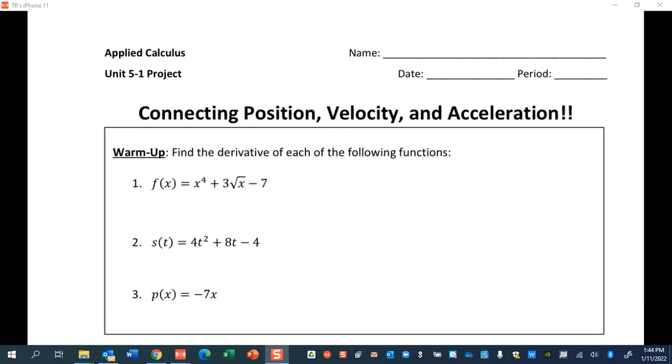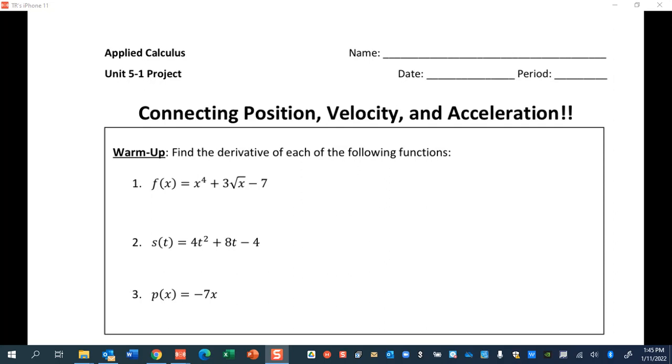Okay. So, with that background story, here is today's task with your group. And you're welcome to sit with and work with who you want.